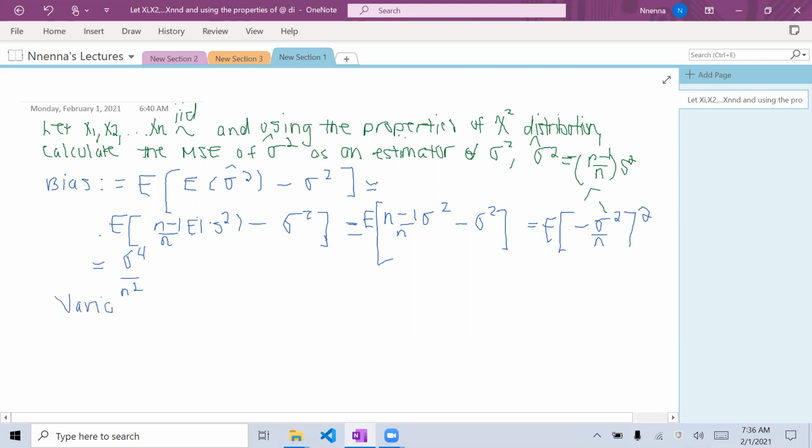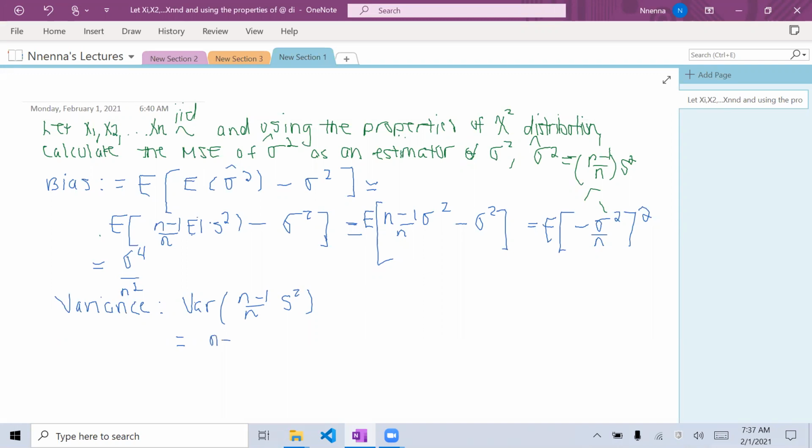So the variance is going to be equal to, again, we're going to manipulate the things we know about the chi-square distribution, and even what we know about S squared, because we're going to use what we saw in the previous question. So we have the variance of n minus 1 over n times S squared, which is going to be equal to, well, I can pull out the n minus 1 over n, but remember, we have to square this because we're working with a squared operator.